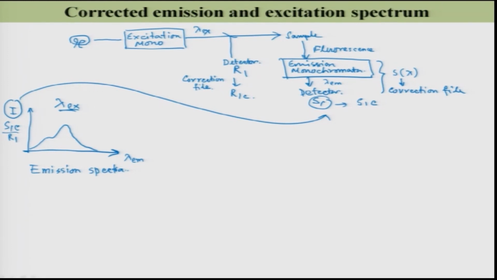Excitation spectra is for a given value of lambda emission, right. So you keep your observed lambda emission at a particular wavelength, let us say you fix your lambda emission over here, lambda emission max. It could be anything here, here, here, but I have chosen the maximum.